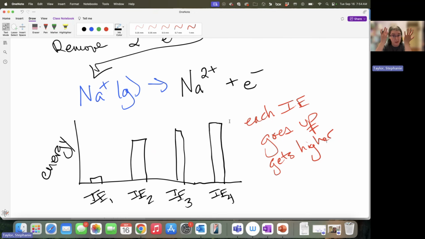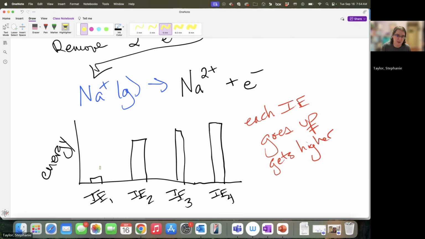You took one away. Maybe you took two away. It doesn't like it. So the more electrons you remove, the fewer negative things that positive nucleus has to hang on to. So that positive nucleus is more effective at hanging on to electrons, the fewer electrons it has. So it gets harder to remove them as you go, requires more energy.